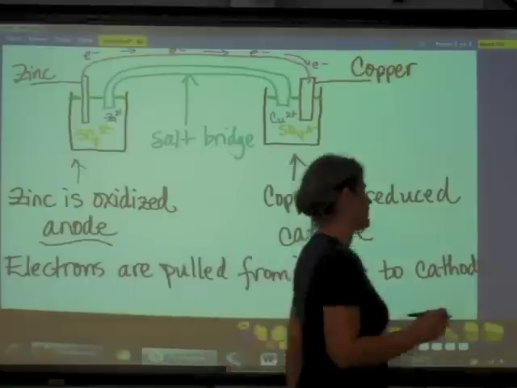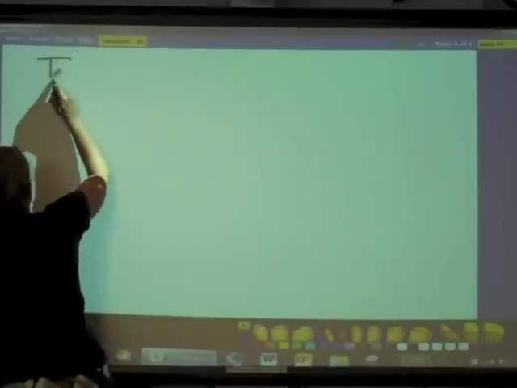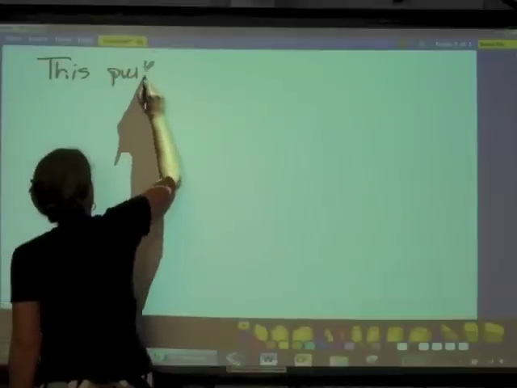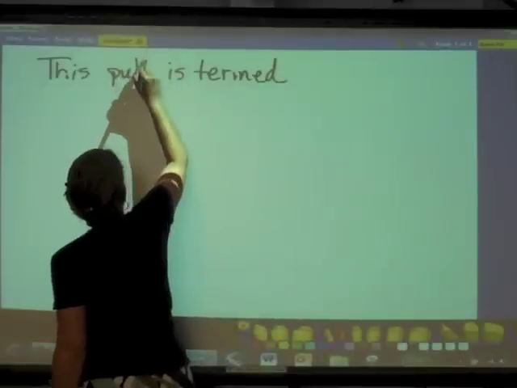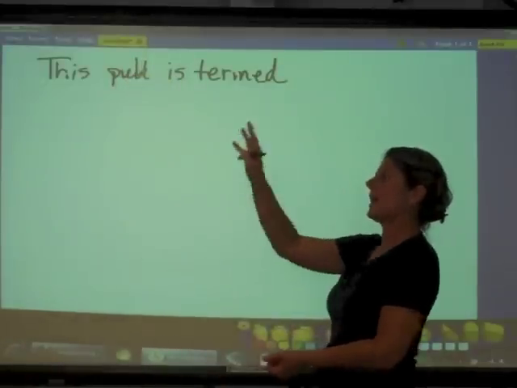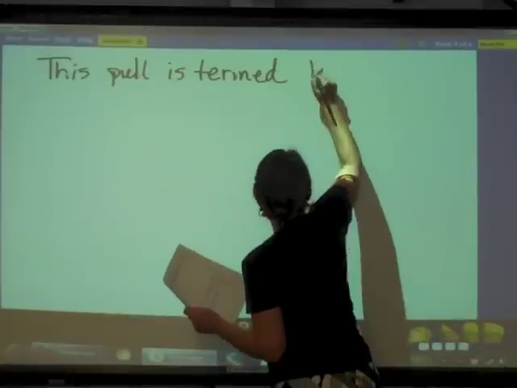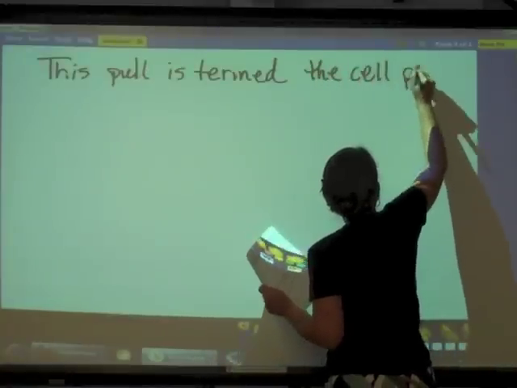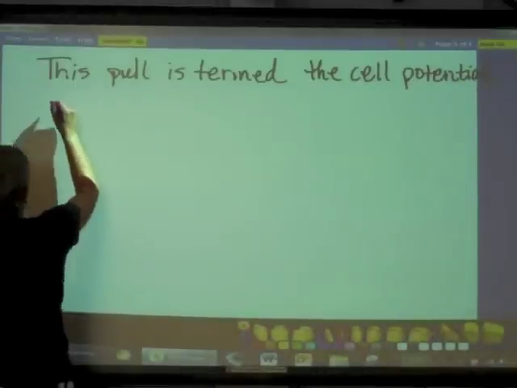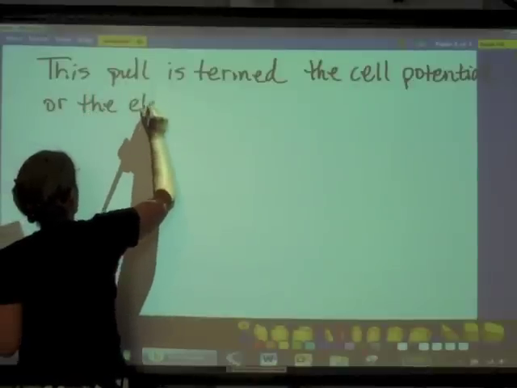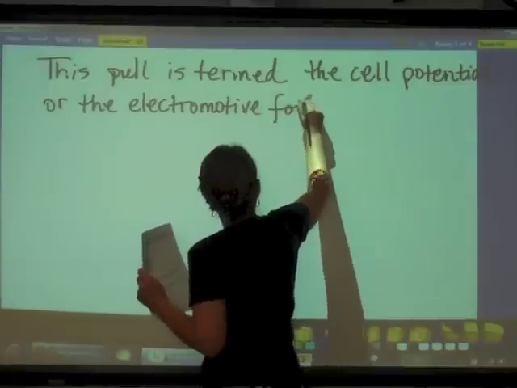Okay, there's one more thing that we need to say, and then we're going to be done. And that is, this pull of the electrons from the anode to the cathode is termed the cell potential, or the electromotive force.